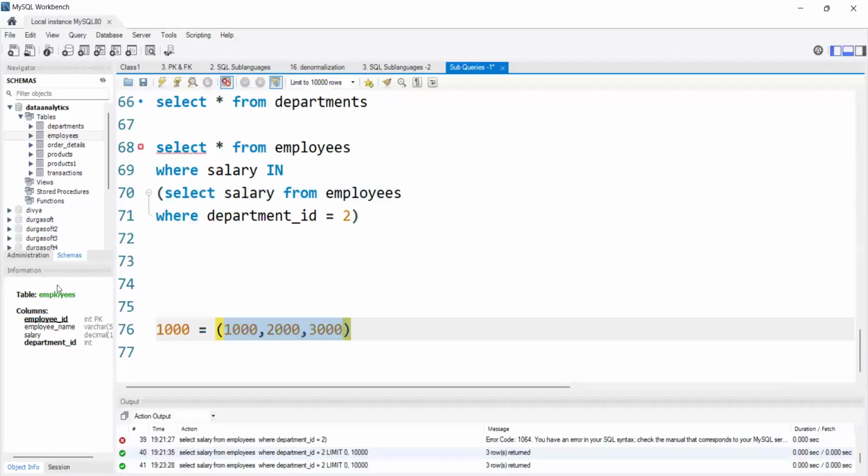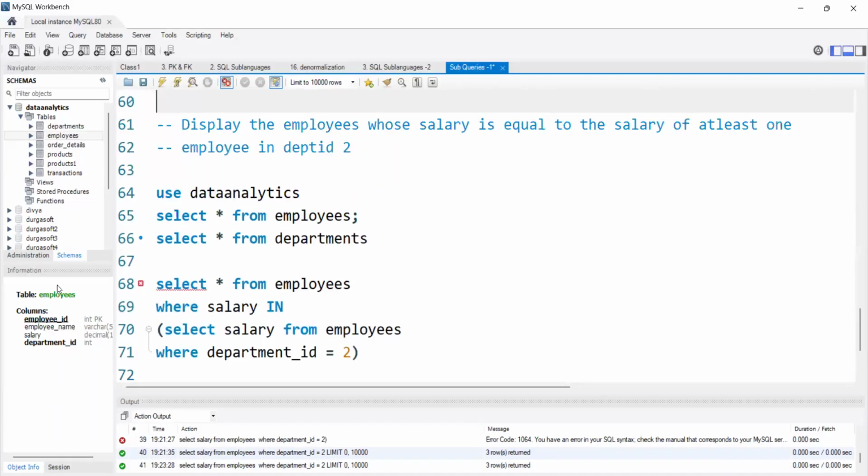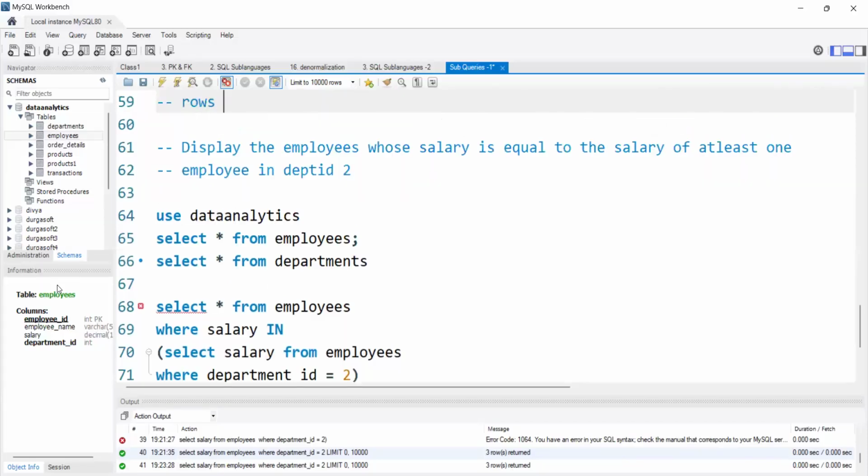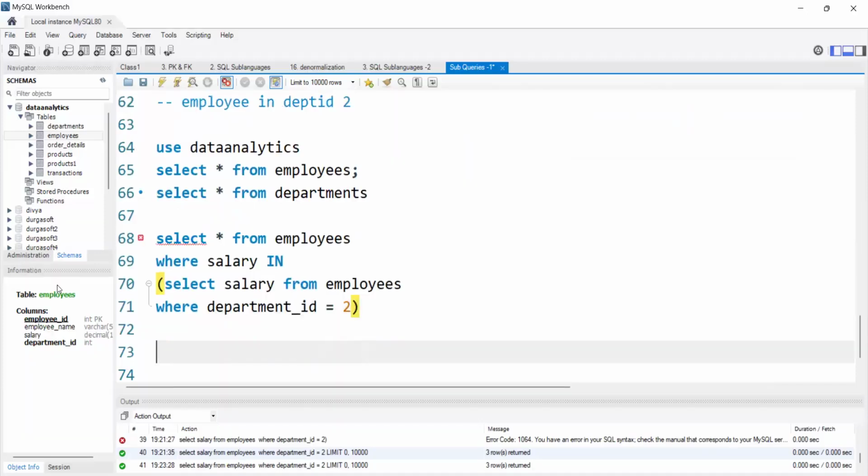Wherever the salary equals those values, it will display that employee's details. That is what we asked in the question: display the employees whose salary is equal to the salary of at least one of the employees in department ID 2, correct?